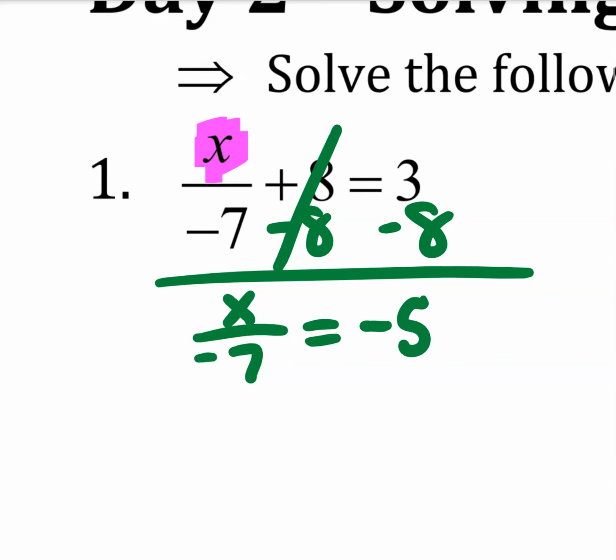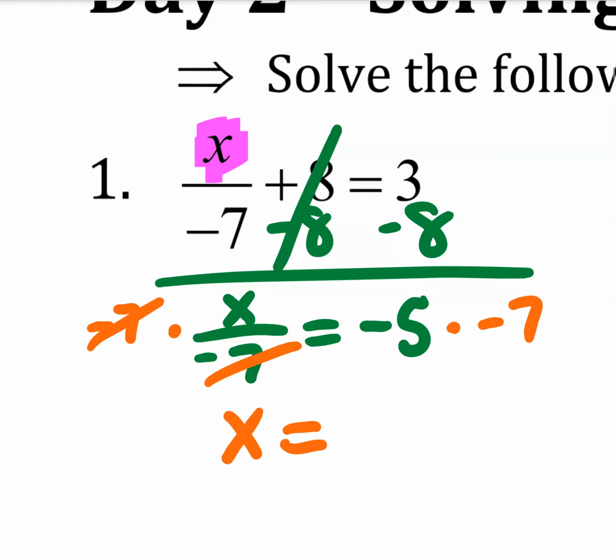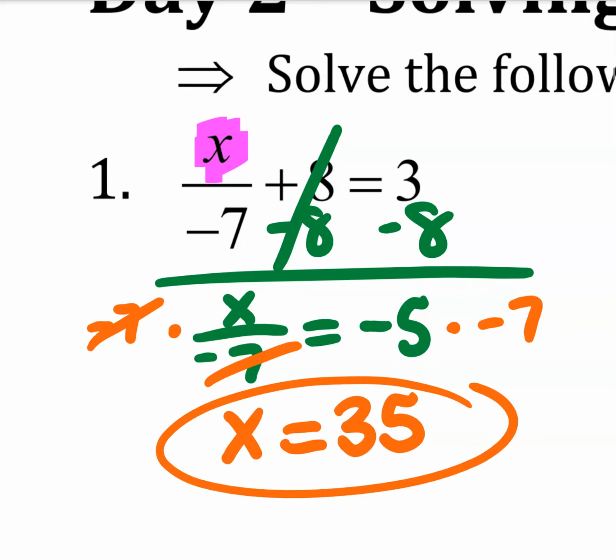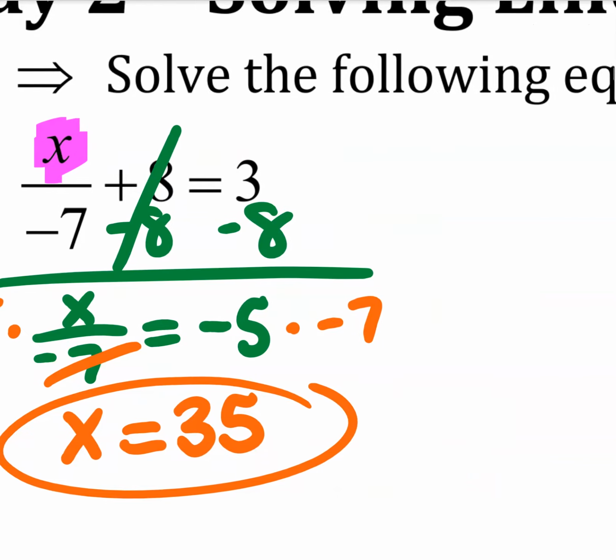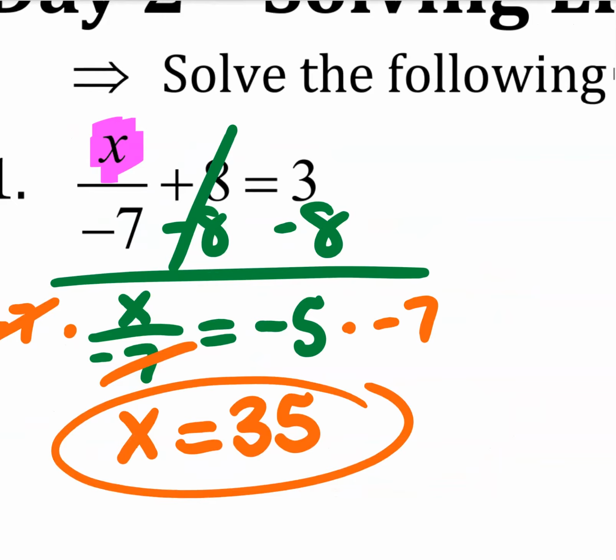And then to get that x by itself, to get rid of the -7 on the bottom, let's multiply by -7 on both sides. So on the left side, we're left with x equals, and then -5 times -7 is positive 35. If you want to plug in and check your answer, you can. You don't have to, but it's always a good idea if you have extra time.